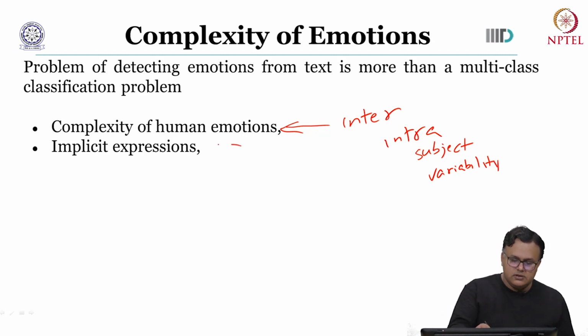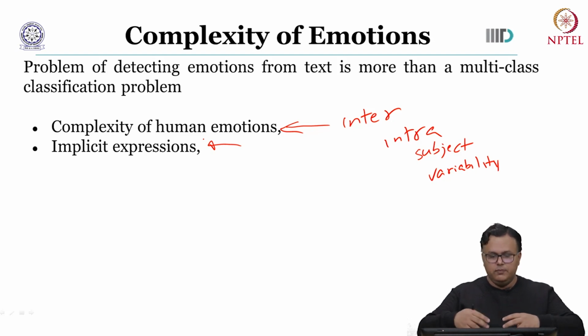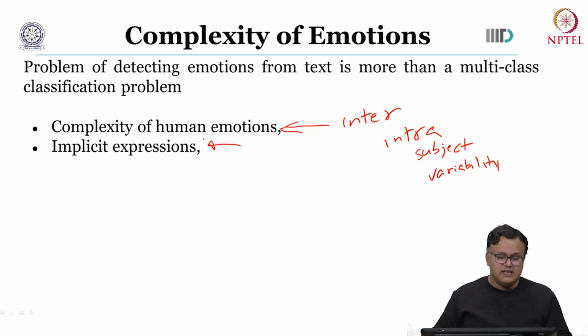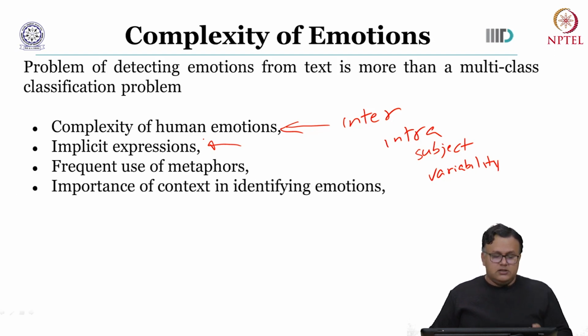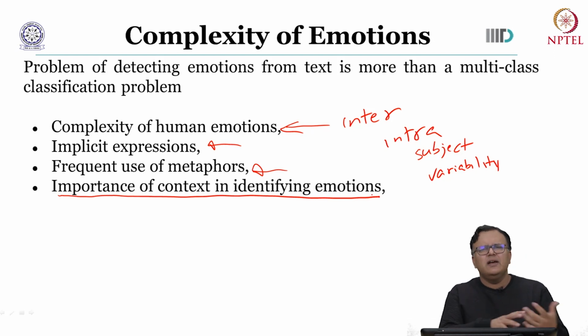Then some speakers would speak a statement, and then the emotion would be implicitly represented. We saw some examples. Some subjects will very commonly use metaphors, so that would mean that first we need to understand the metaphor itself. And then there is an importance of context in identifying emotions, right? You need to understand in what context something was said, right?